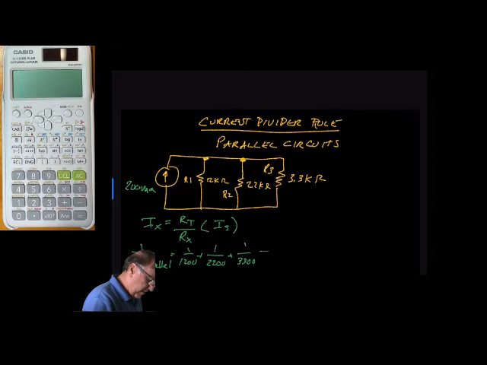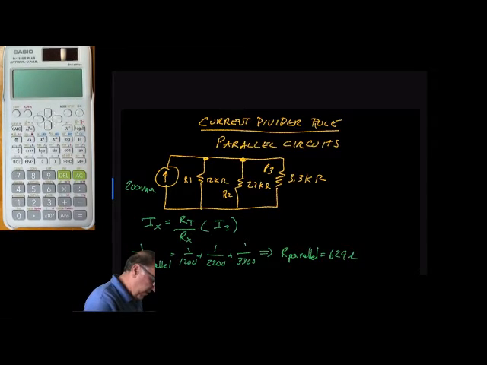And so this yields our R parallel, and I'll let you do it on your calculator, is equal to 629 ohms.